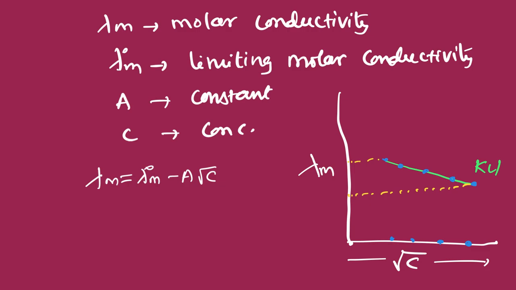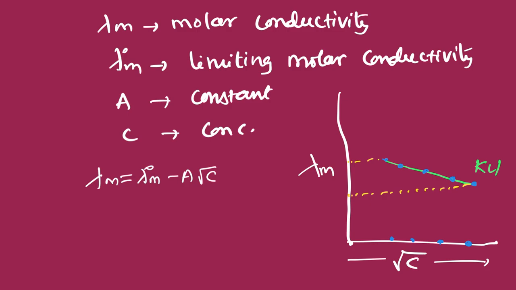Reason: force of attraction decreases, and the degree of ionization increases a little. Actually it is completely ionized, but anything small left also ionizes, therefore a little increase. Now, how to get the limiting molar conductivity?